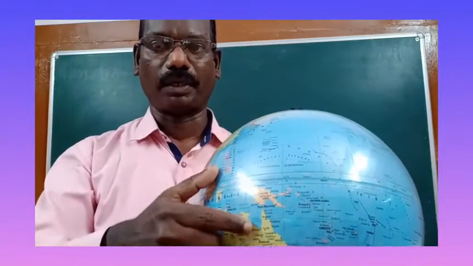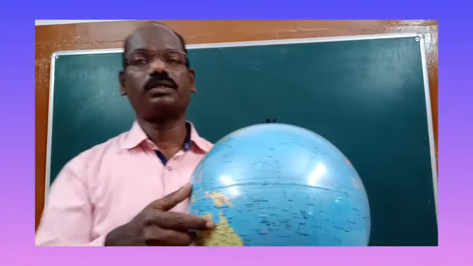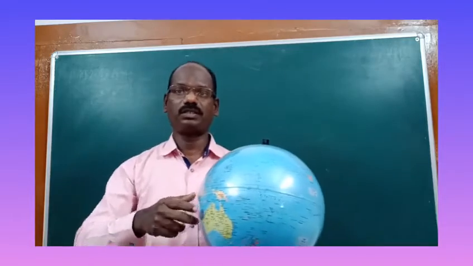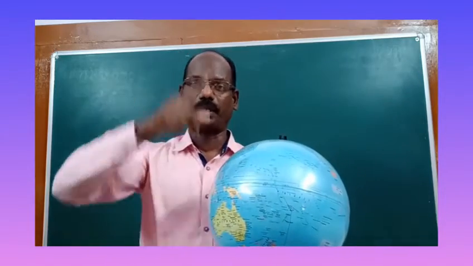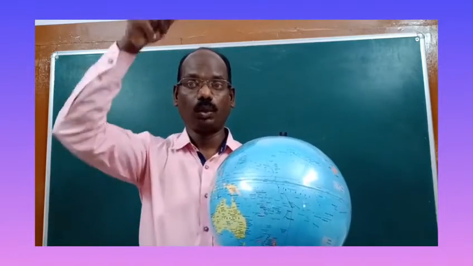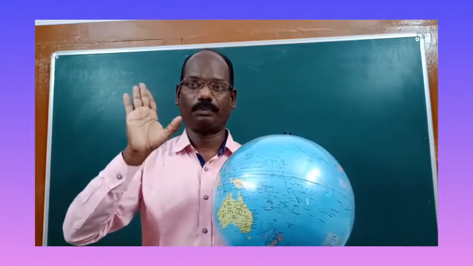So when the sun is just above any particular meridian, that time is considered noon on that meridian. There are 360 meridians. When the sun shines just above one particular meridian, we consider it noon on that meridian.